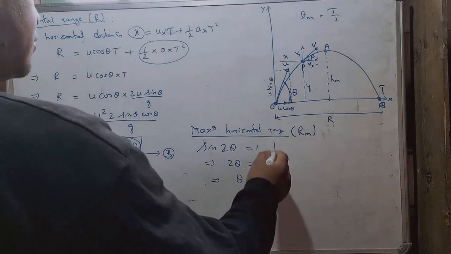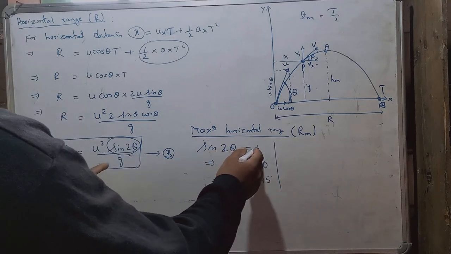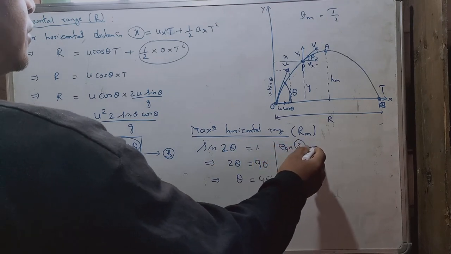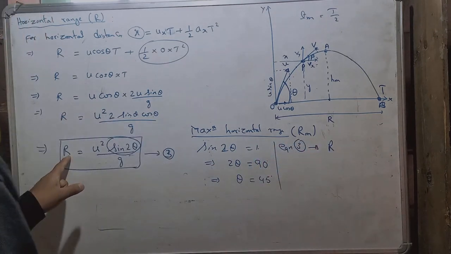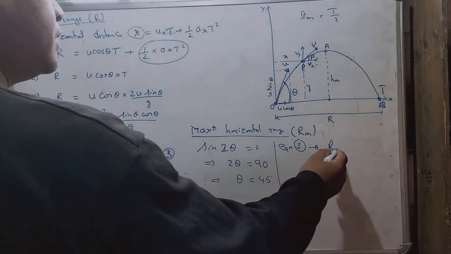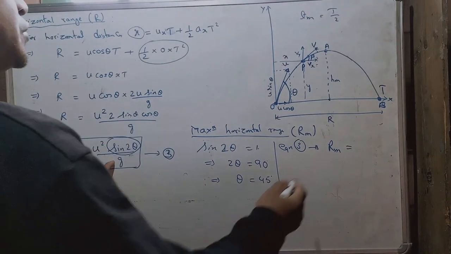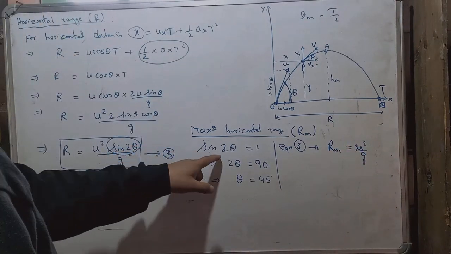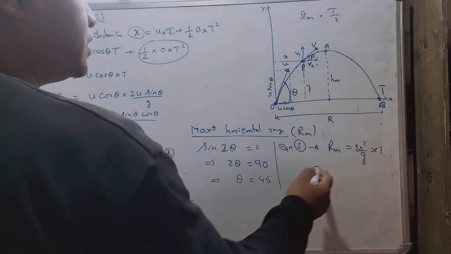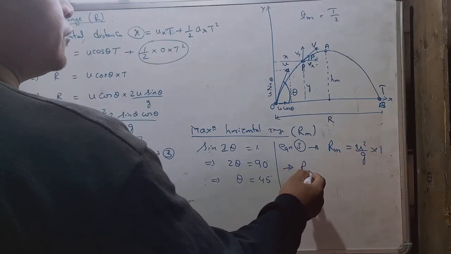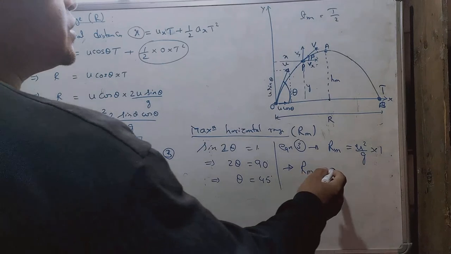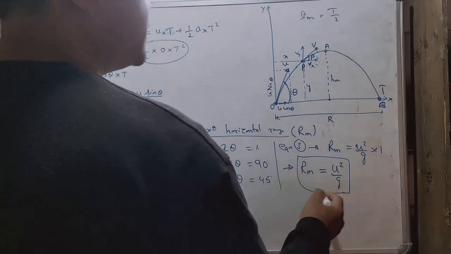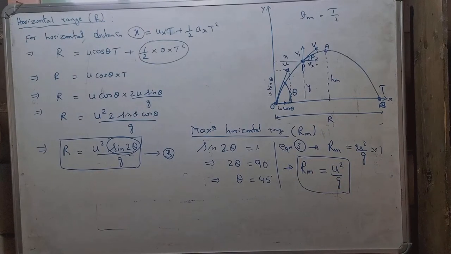If sine 2 theta is equal to 1, then your equation 3 will give you R. Now it becomes maximum, so we write Rm is equal to u square upon g, into sine 2 theta, which for maximum horizontal range is equal to 1. So Rm, the maximum horizontal range, is equal to u square upon g. This is the expression for the maximum horizontal range.